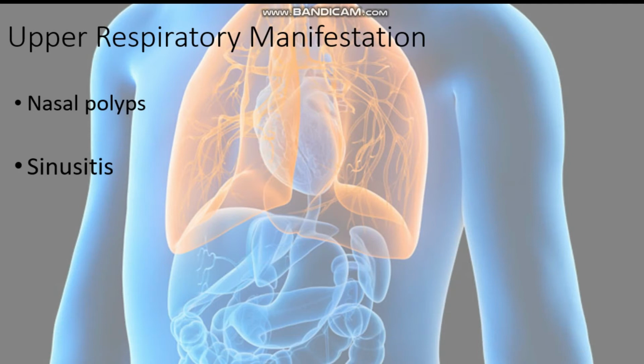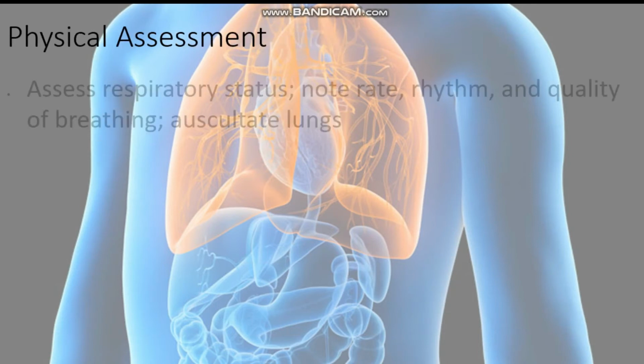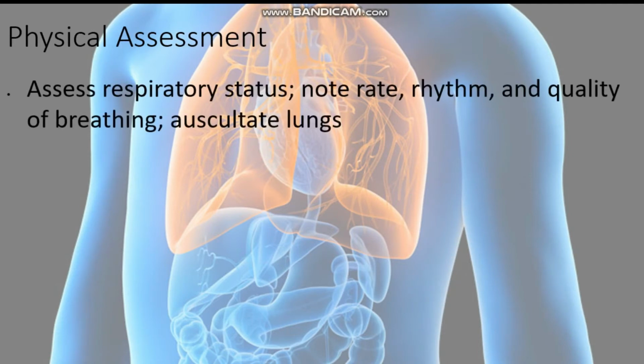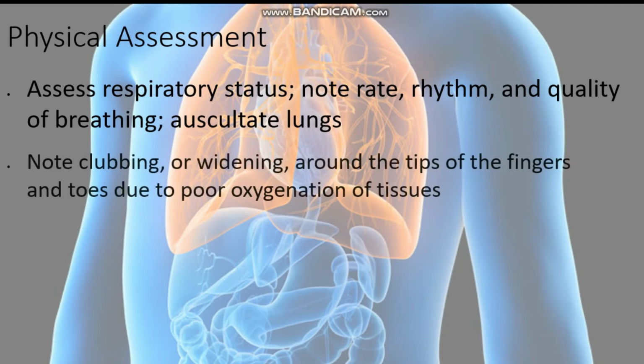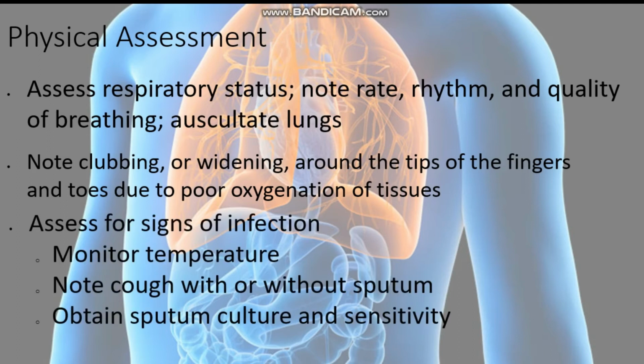The physical assessment includes assessing the respiratory status, noting the rate, rhythm, and quality of breathing, and auscultation of the lungs. Also, note the clubbing or widening around the tips of the fingers and toes due to poor oxygenation of tissues. Don't forget to assess for signs of infections.